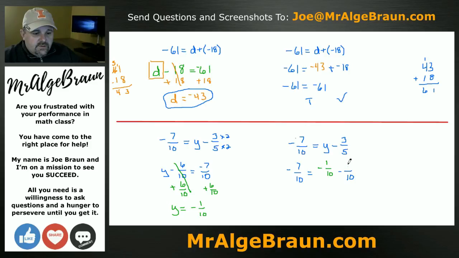So 3 times 2 is 6. And so negative 7/10 stays the same on this side. And I would have negative 1 minus 6, which is negative 7 over 10. And this is a valid check, so a high probability of getting this answer over here correct.